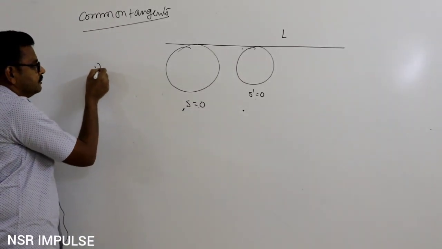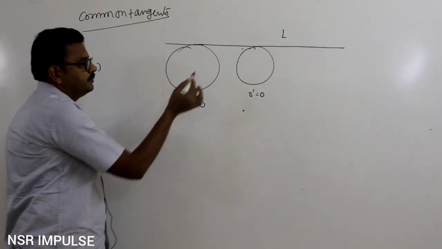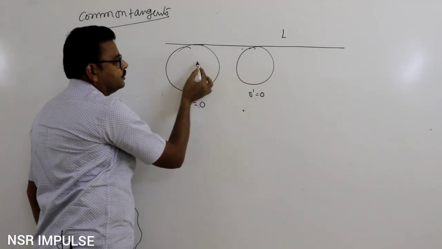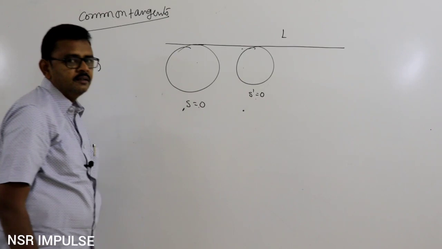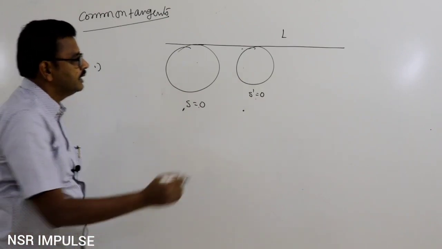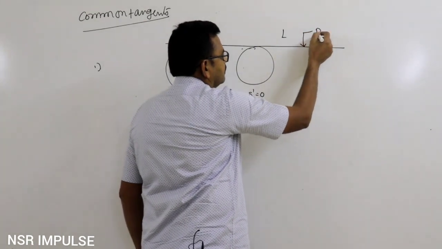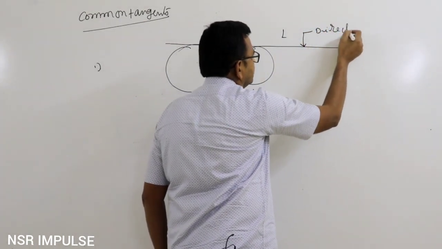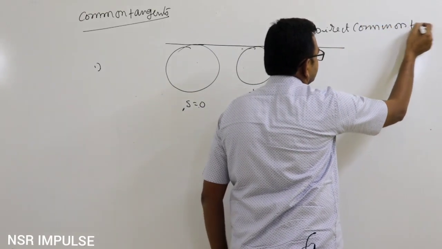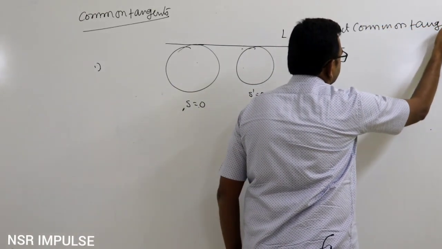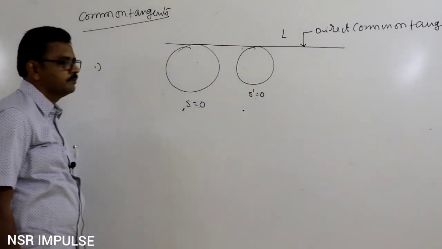Next point. If the two circles lie on the same side of the line L, then that line L is called a direct common tangent.